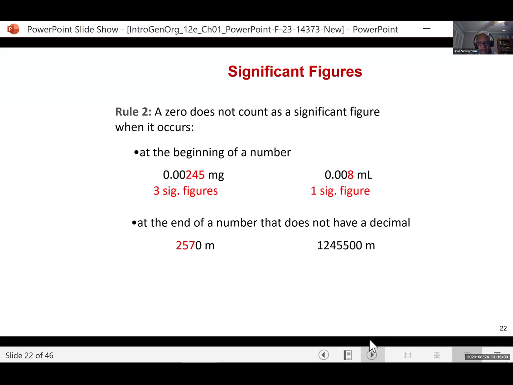Trailing zeros at the end of a whole number don't count. 2,570, that 0 doesn't count. 3. Now what do you think? Same argument. The 2 zeros on the left shouldn't be counted. Therefore, it's 5 significant digits.